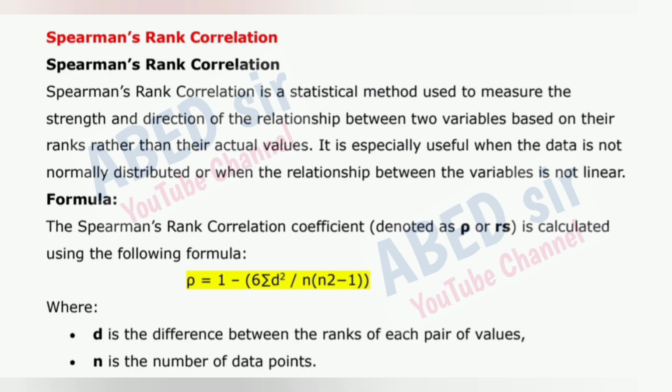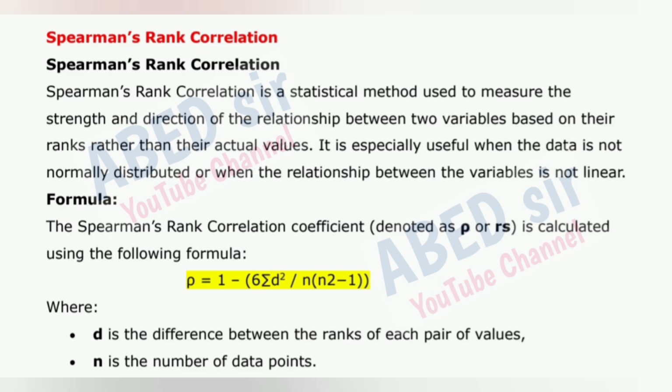Spearman's rank correlation. Spearman's rank correlation is a statistical method used to measure the strength and direction of the relationship between two variables based on their ranks rather than their actual values. It is especially useful when the data is not normally distributed or when the relationship between the variables is not linear.